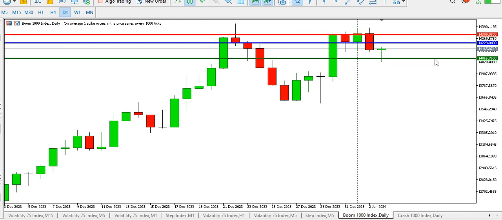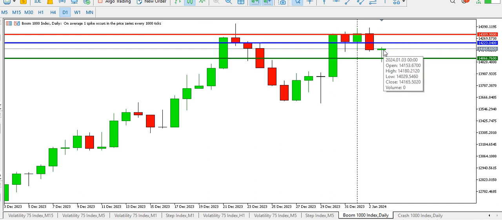The test of the pivot support at 14066 level, and price has since left that level and is approaching the pivot line, which is at 14223. So price might test the pivot line. Already we are seeing a bullish pin bar, indicating that the bearish drop from this bearish engulfing candlestick has finished or completed its course, and price is going back up.